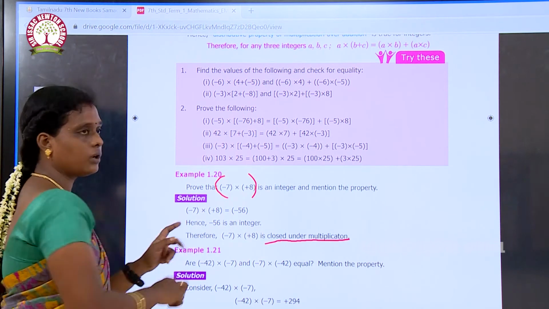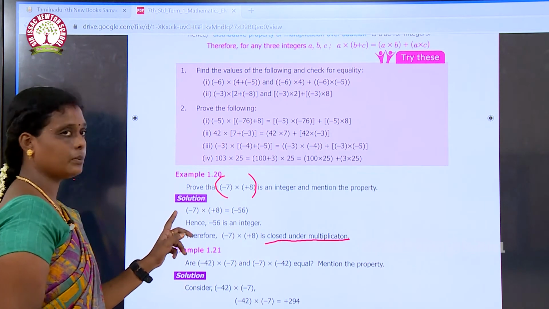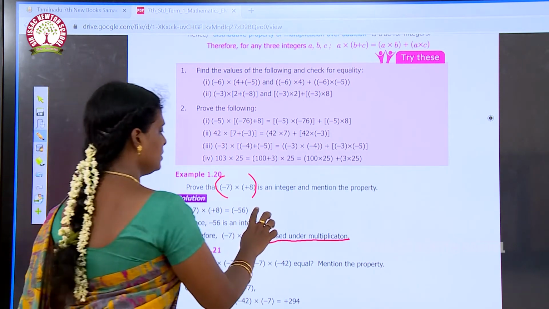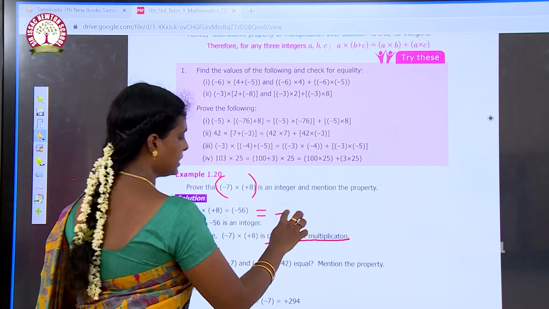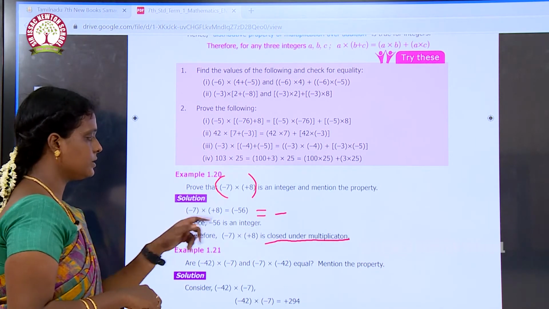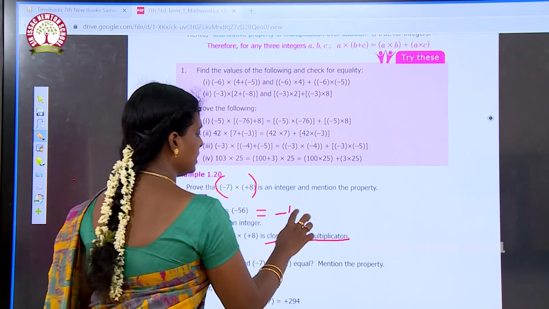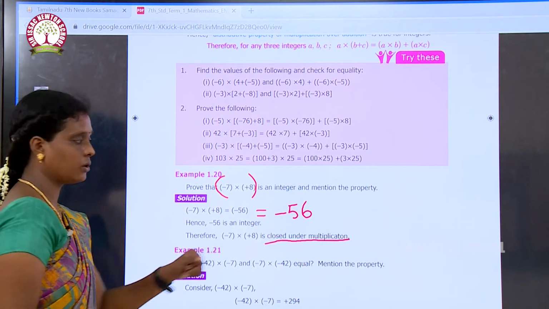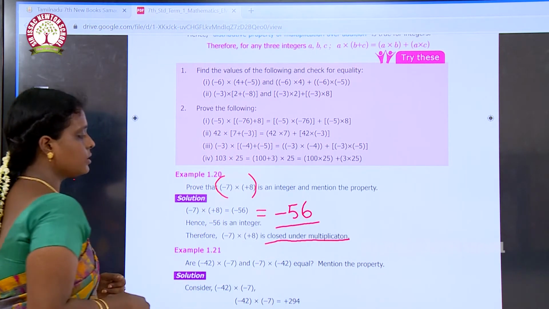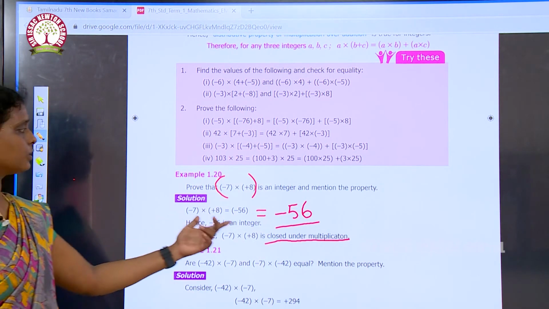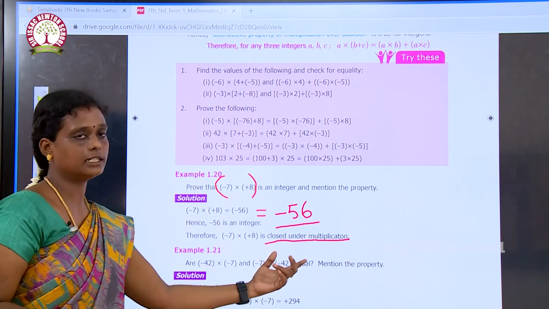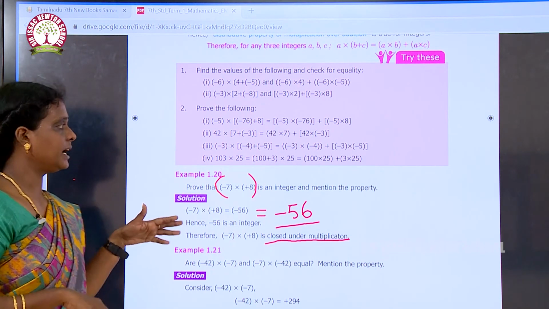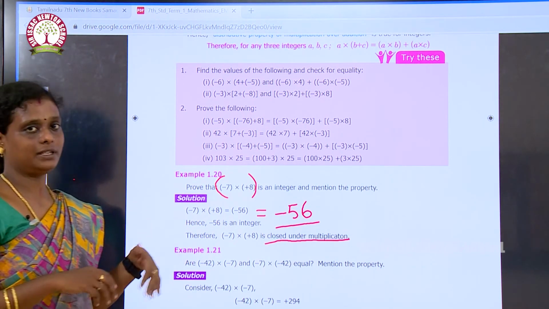Minus 7 into plus 8: minus into plus will become minus, and 7 into 8, 7 8s are 56. So the answer is minus 56. Minus 56 is also an integer, so the property is closed under multiplication. Like that we have to find the property name.